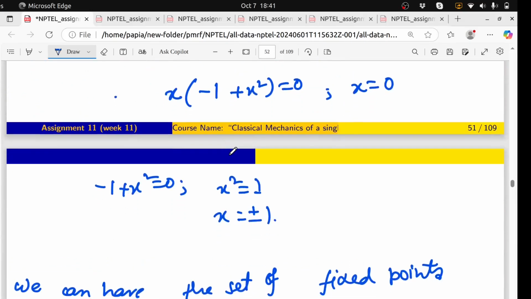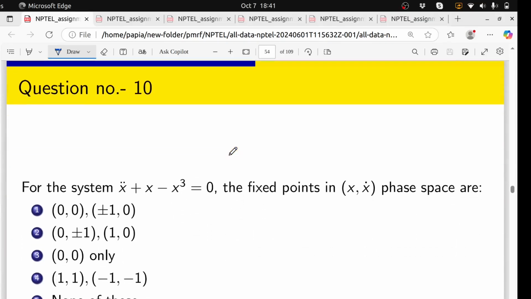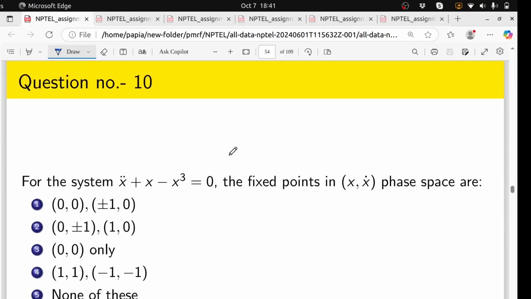Now coming to the next question. For the system x double dot plus x minus x cube equals 0, the fixed points in x, x dot phase space are?